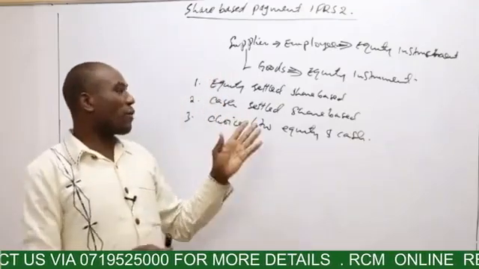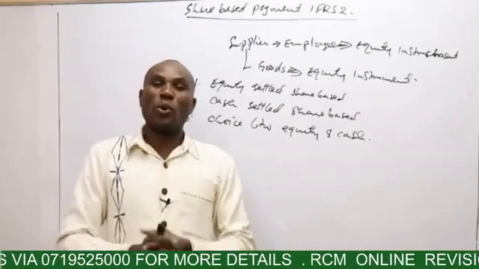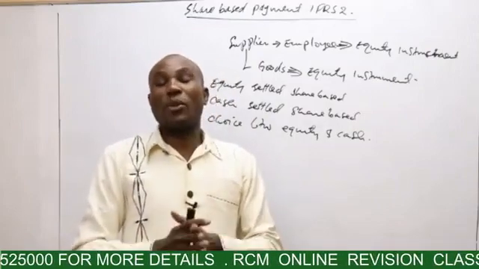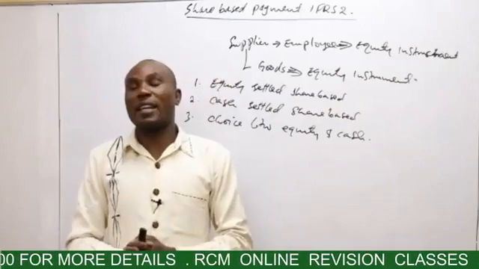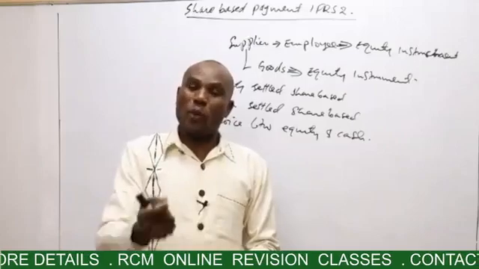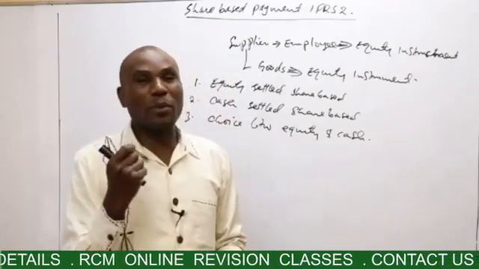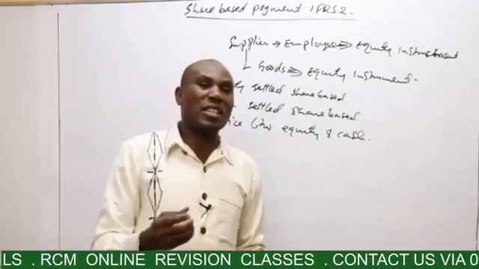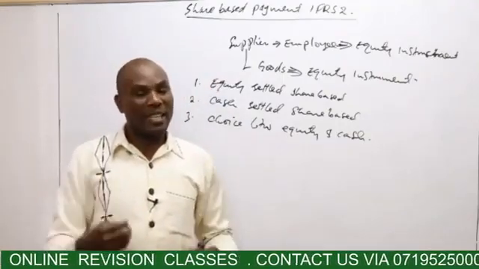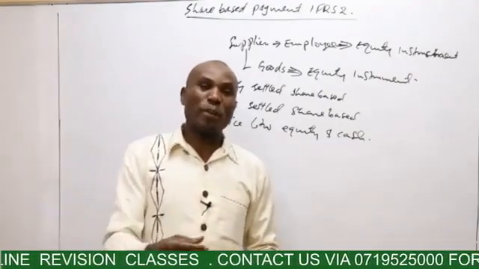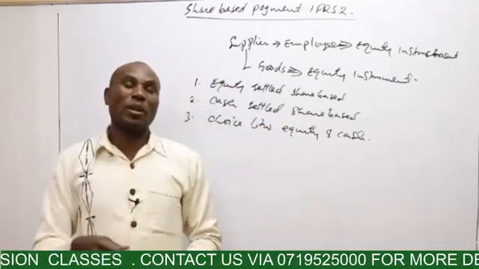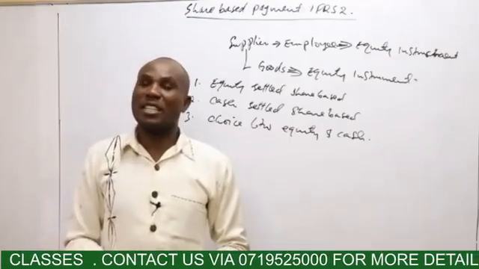But when we talk of cash settled, you receive goods from another party, but now in return, you compensate by way of cash. Remember, you pay cash, but this cash is based on the fair value of the equity instrument.